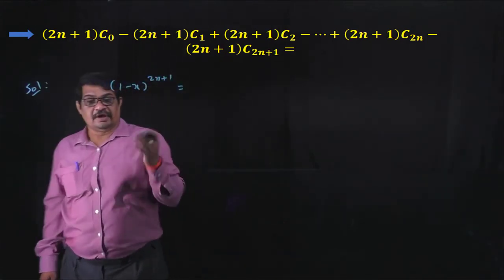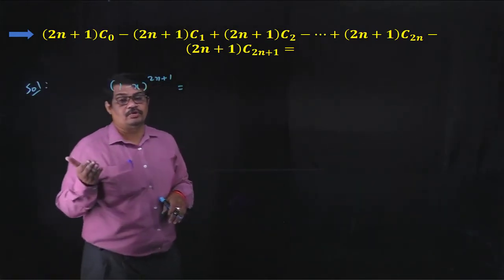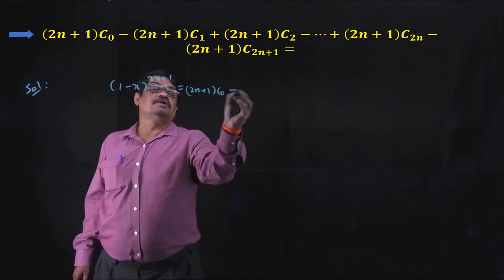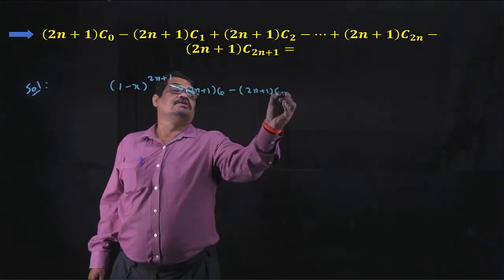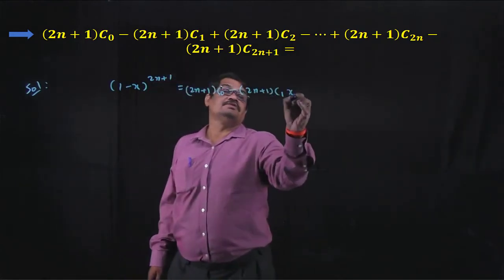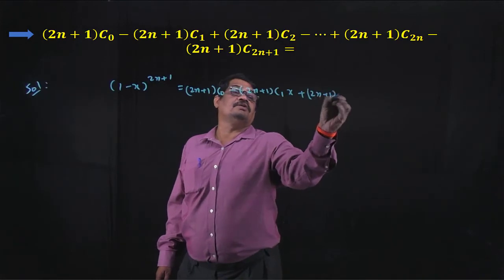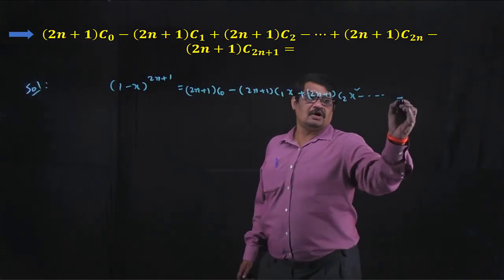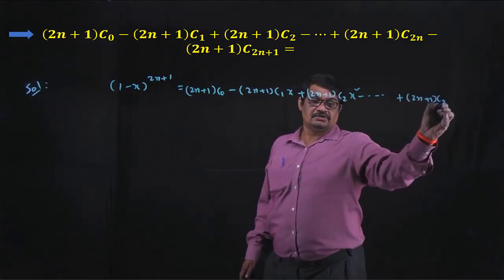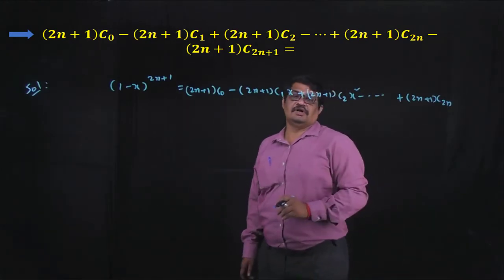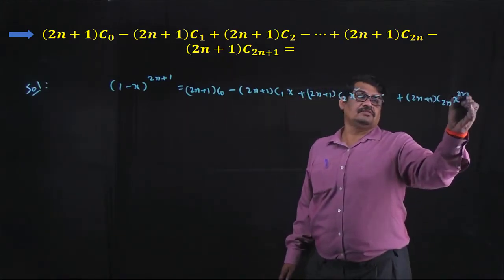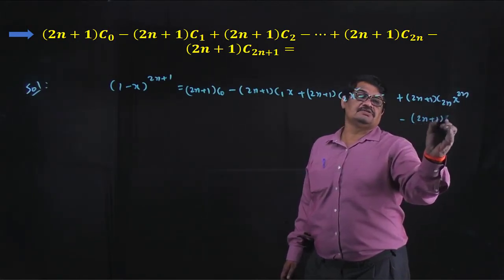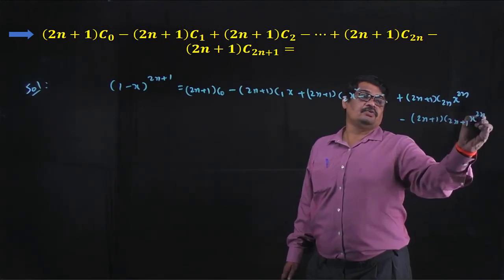Now we write the expansion of (1 − x)^(2n+1). So what is the expansion here? 2n+1 C0 − 2n+1 C1 x + 2n+1 C2 x² − and so on, + 2n+1 C2n x^2n − 2n+1 C2n+1 x^(2n+1).